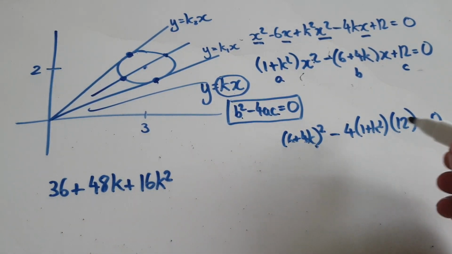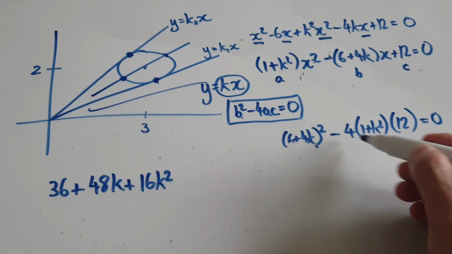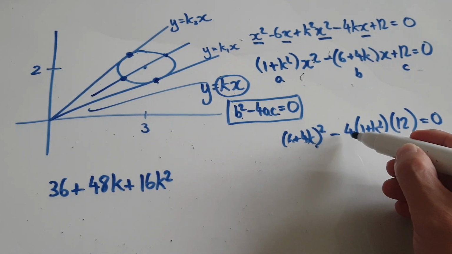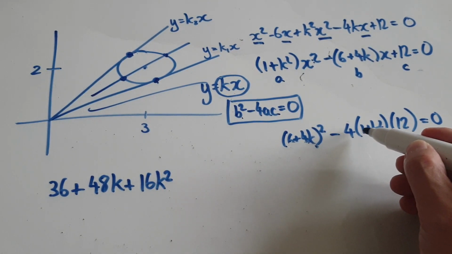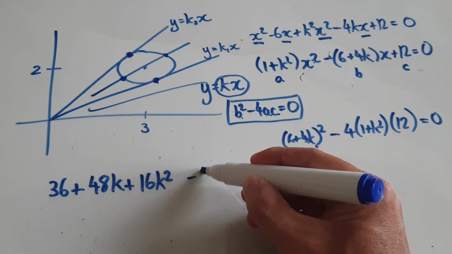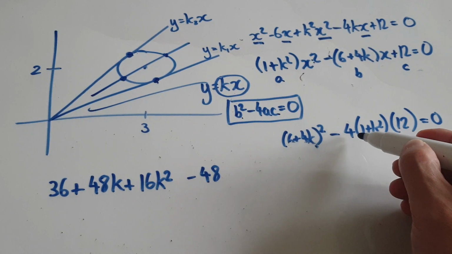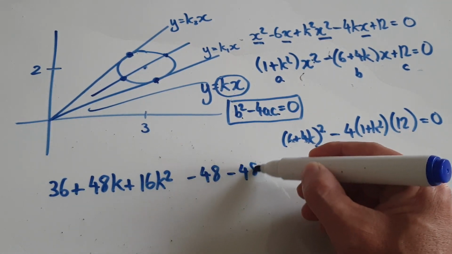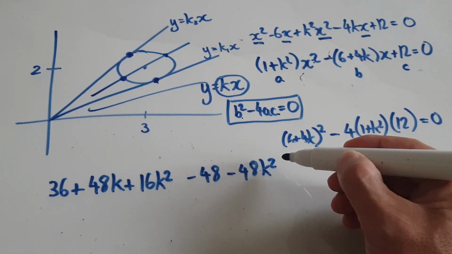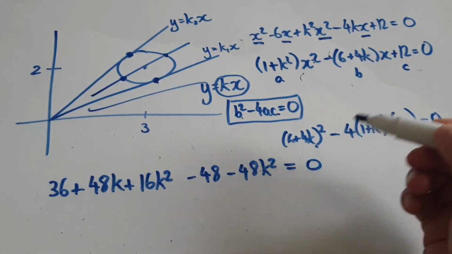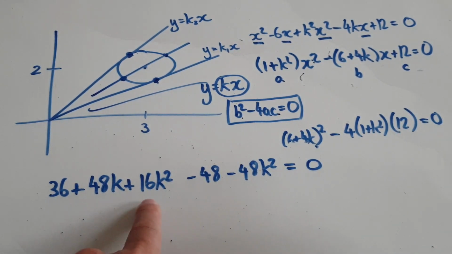And then now this times, well, multiply this out. 12 times 4 is 48 times 1, negative 48. And then negative 48k squared equals 0. So now it's just a matter of finding out k.